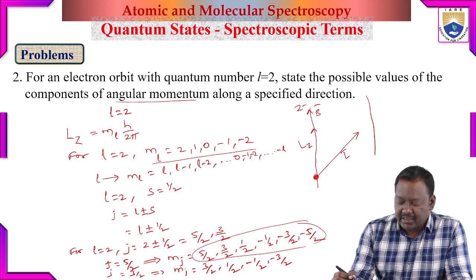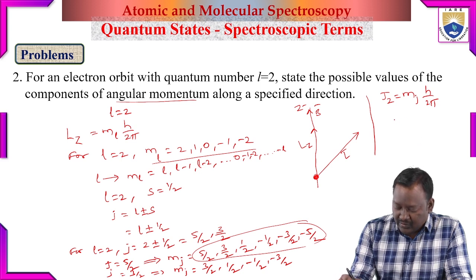And again, if you want to find the Z component of J bar, the total angular momentum vector, that is Jz equal to mj into h by 2 pi.